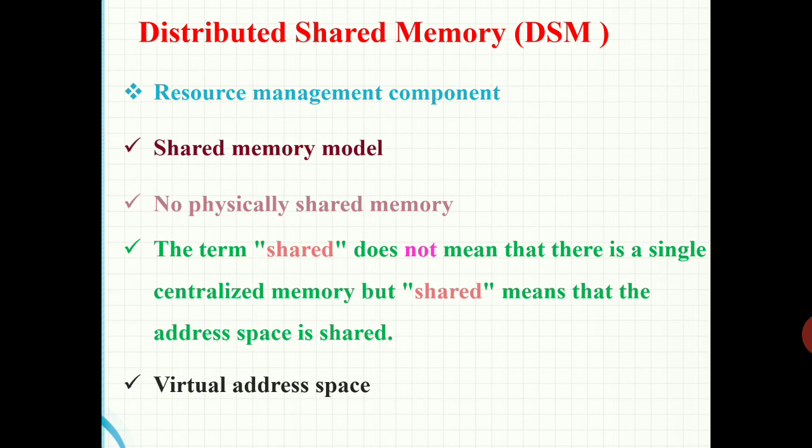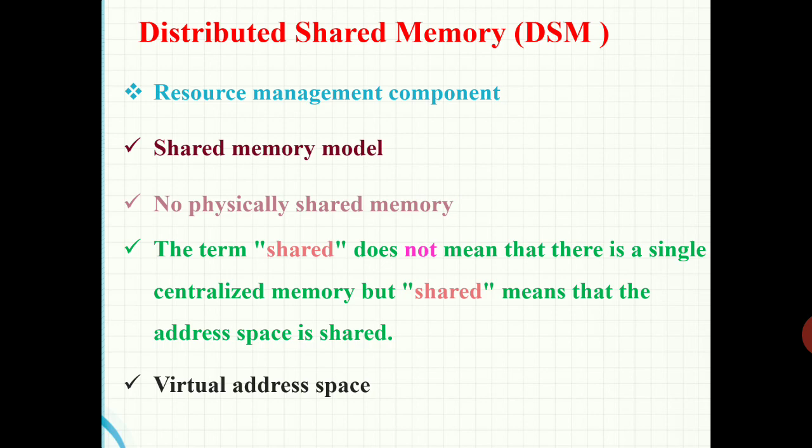Then the traditional distributed system has been based on the message passing model, in which processes interact and share data with each other by exchanging data in the form of messages. Mainly all distributed systems work based on message passing methods.